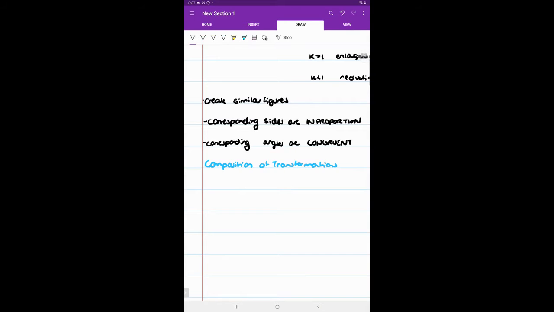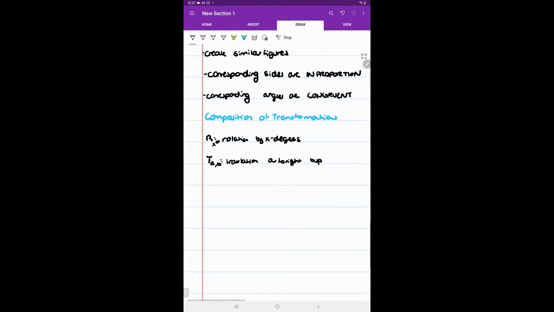So something to note is that rotations are denoted by R, and you put the X degrees in the subscript, so that's a rotation by X degrees. And let's say T_AB is a translation A units to the right, B up. I'm just explaining the notation.